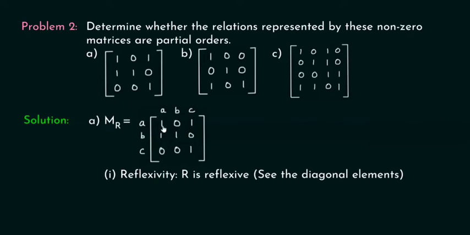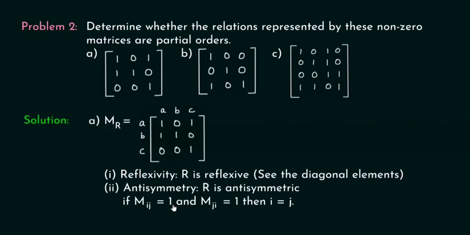When AA is 1, this means AA is included in relation R. BB is also there in R and CC is also there in R. All the three ordered pairs are there in R. Therefore, R is reflexive. Let's check the antisymmetric property. R is antisymmetric. Let's see why. If Mij is equal to 1 and Mji is equal to 1, then i must be equal to j. i and j are some indices, right?